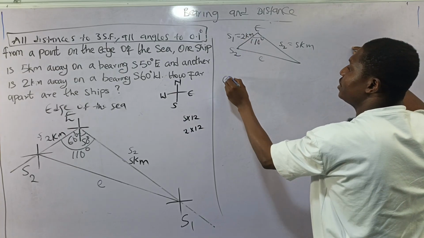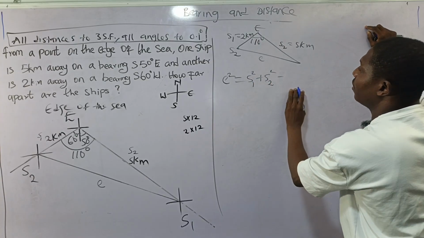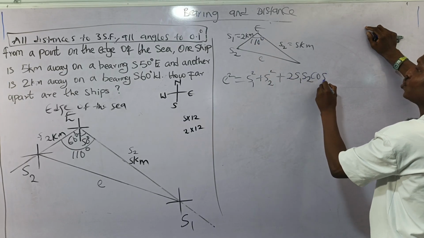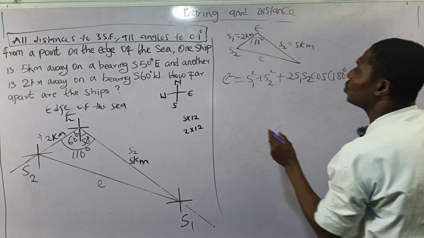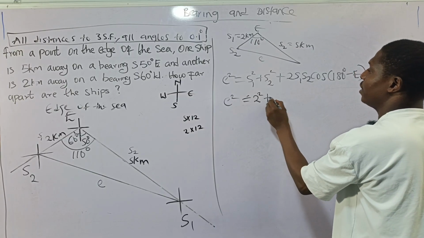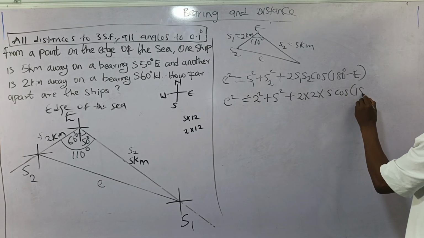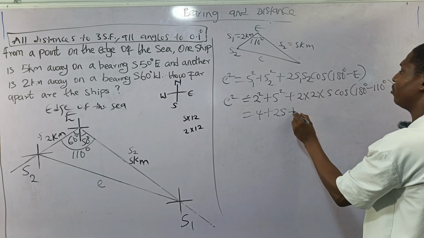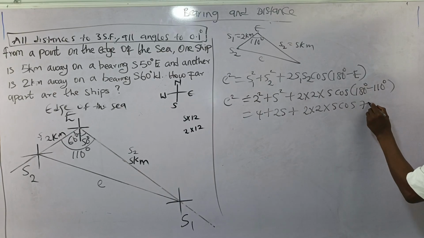So my e square using cosine rule will be equal to s1 square plus s2 square, plus, because the angle is greater than 90, 2 s1 s2 cos of 180 degrees minus angle E. So I have small letter e square, s1 is 2, so I have 2 square, s2 is 5, 5 square, plus 2 times 2 times 5 cos 180 degrees minus 110 degrees. 2 square is simply 4, 5 square is simply 25, plus I have my 2 times 2 times 5 cos 180 minus 110 is what? 70 degrees.